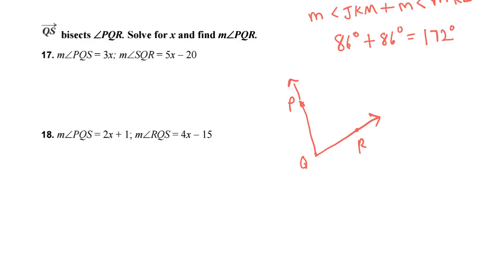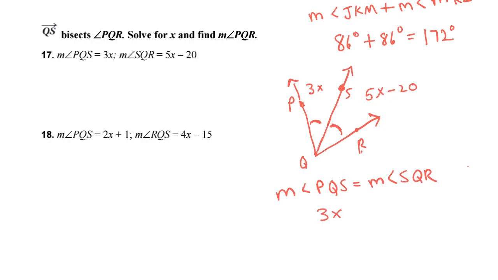So we have PQR bisected by ray QS. That means that this angle measurement and this angle measurement are going to be congruent. So the measurement for angle PQS is 3x, and the measurement for angle SQR is 5x, and I'll stop.